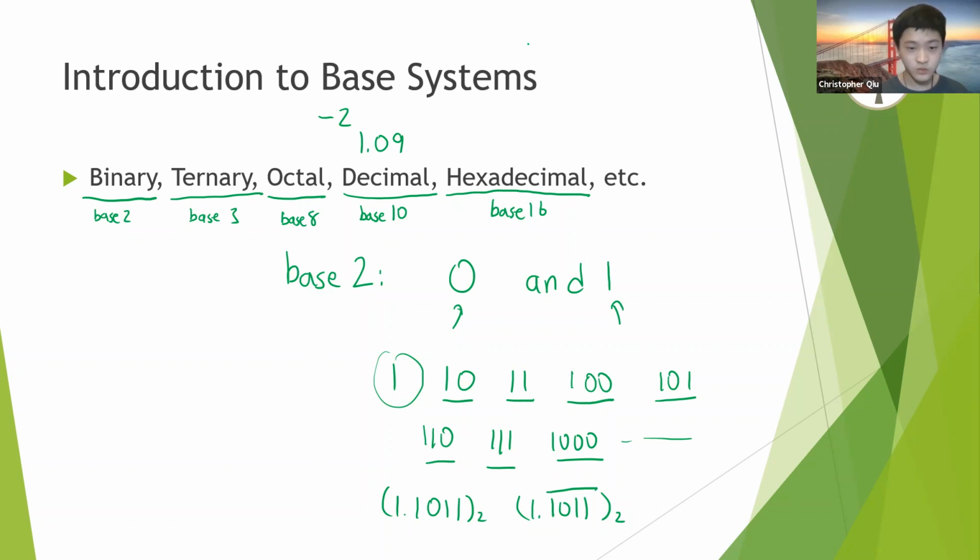And these 6 digits will be called A, B, C, D, E, and F, respectively.